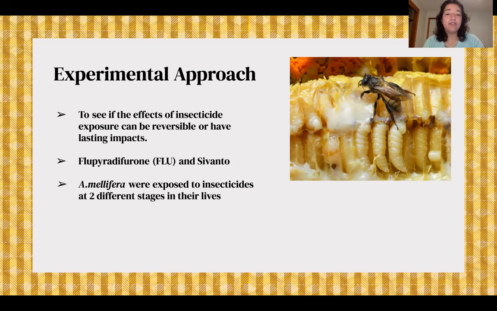And then flupyradifurone, or flu, which is the active ingredient in Sivanto, was selected as a pure chemical substance that would be administered. The bees that would be exposed to the insecticide during their development would be used in order to observe if the effects of the exposure were long lasting and if they could be reversible in the future.